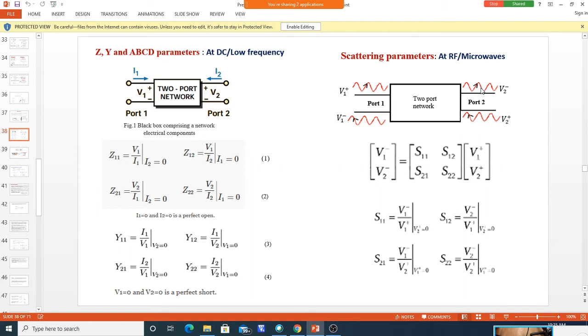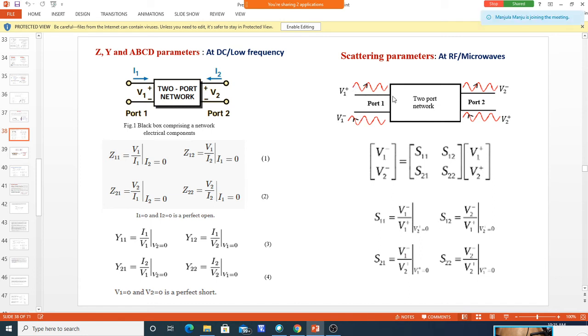But at high frequency, as we do not have a voltmeter and current meter, we have to go for scattering parameters. Scattering parameters are used instead of measuring voltage and current. In the low frequency case we measure the total voltage and total current, but here we have to consider the incident signal, the incident waves.